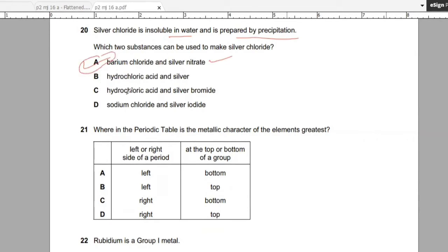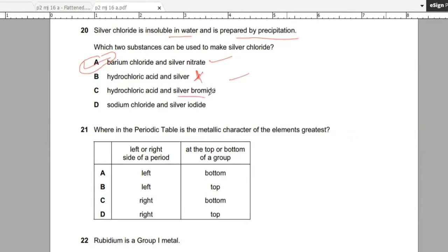Why not B, C, D? Look at it: hydrochloric acid and silver chloride. Here we have barium also, and here silver is there, because of the reactivity nature. So hydrochloric acid and silver chloride cannot be used.